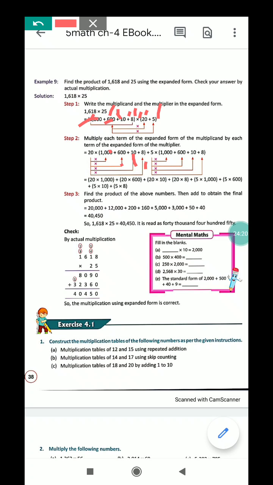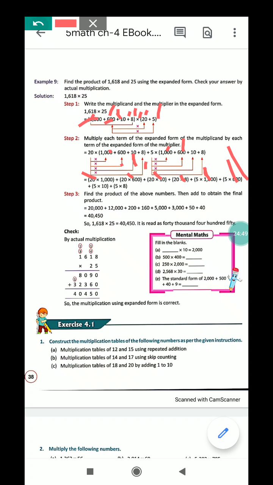Again we will take 5 into 1000, 5 into 600, 5 into 10 plus 5 into 8. So what will we get? 20 into 1000, 20 into 600 plus 20 into 10 plus 20 into 8 plus 5 into 1000, 5 into 600, plus 5 into 10 plus 5 into 8.